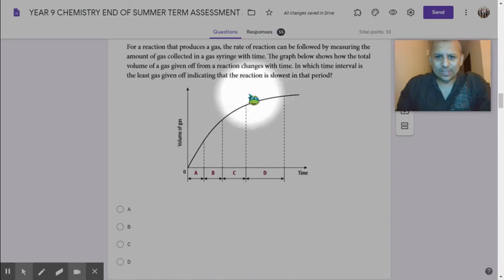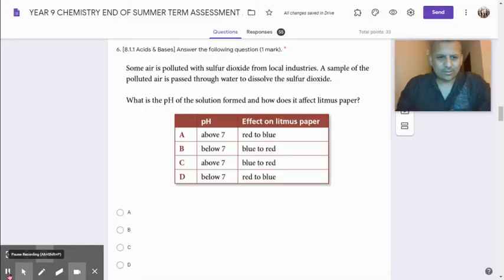With C, it's slightly larger, with B, it's definitely larger, and with A, it's very predominant. So A has the largest amount of gas given off, and D has the least in that time period, indicating that the reaction is slowest in that period. So the correct answer was D.